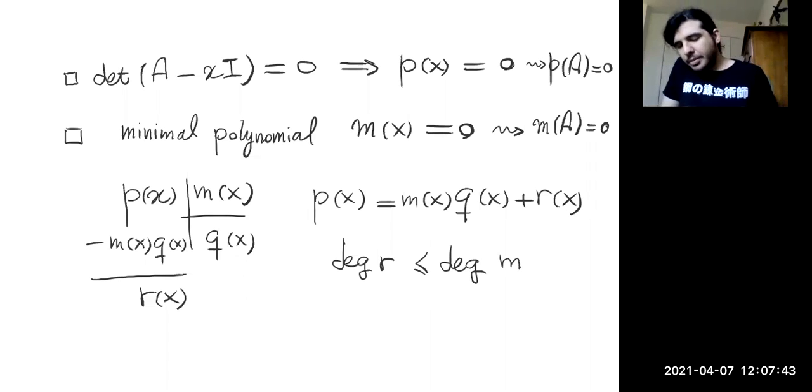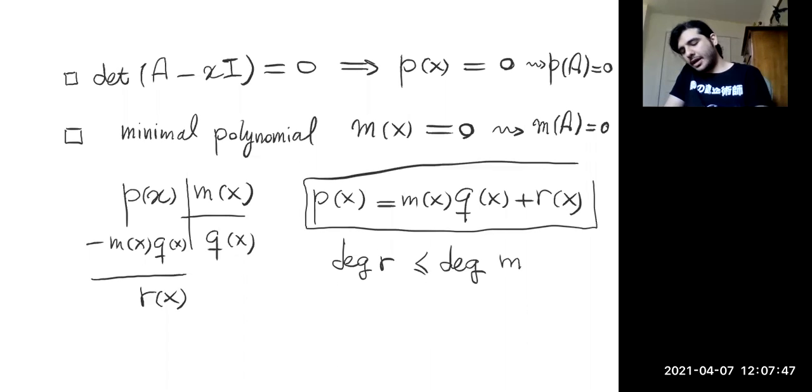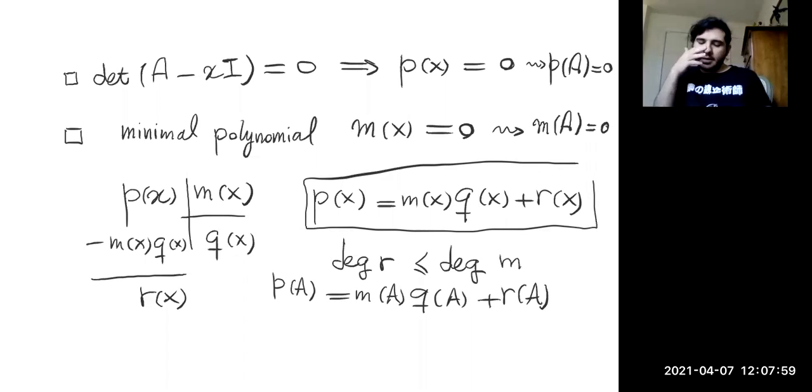If I plug A into this equation, what would I get? I would get p of A equals m of A times q of A plus r of A, right? But we know m of A is 0 and p of A is also 0. Therefore, r of A has to be 0.